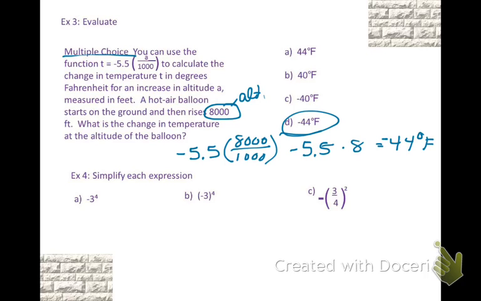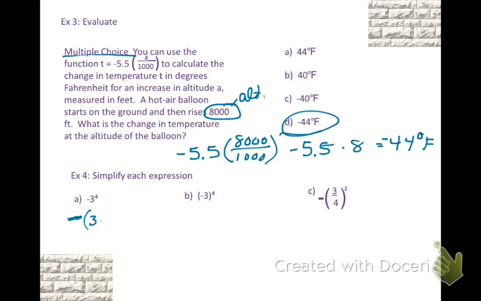Example 4. Now, I have to say A and B look the same, but they aren't. One has parentheses and one doesn't. So let's start with A, which does not have the parentheses. That negative is just out there, out in front of the parentheses. And then the fourth power is telling me it only goes to the 3.